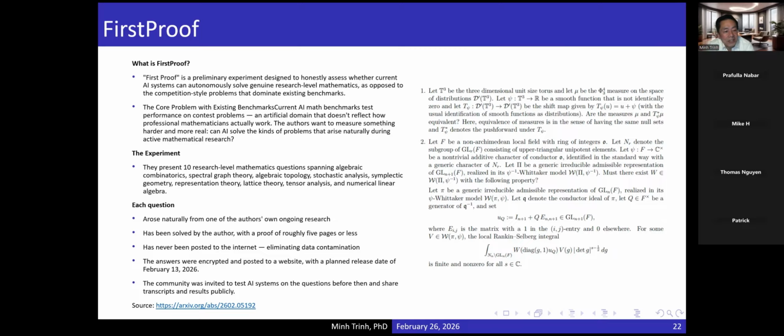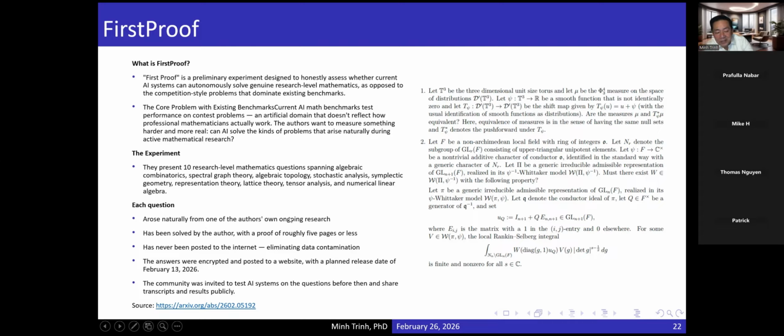So to make sure it doesn't happen, altogether they have worked on 10 research level math questions that come from their own ongoing research and have been solved only by the authors, with a proof.